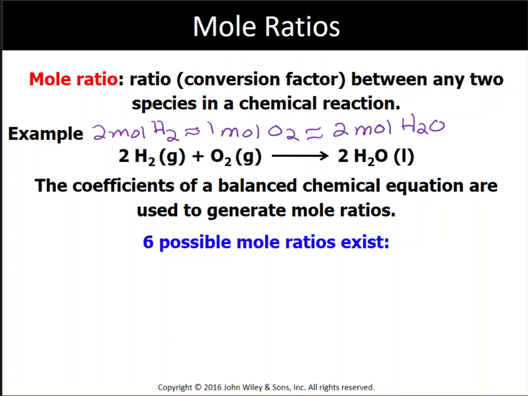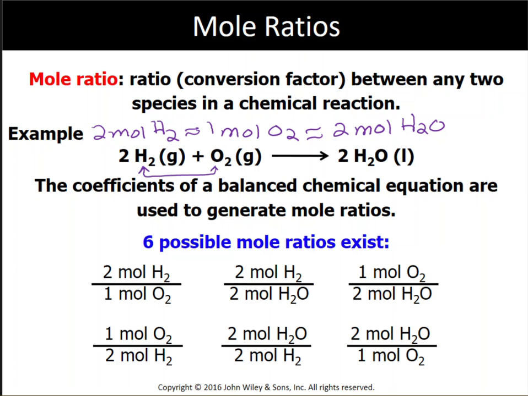Just focusing on the balancing coefficients, I could write a conversion factor between hydrogen and oxygen, for example. Based on the balanced reaction, each 2 moles of hydrogen reacts with exactly 1 mole of oxygen. Or you can say each 1 mole of oxygen reacts with exactly 2 moles of hydrogen gas.